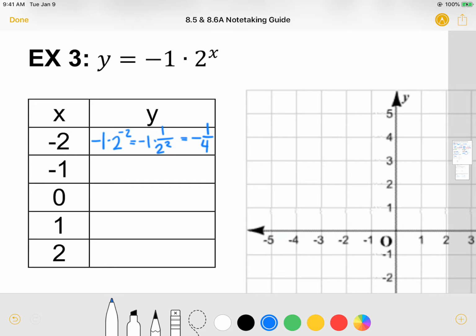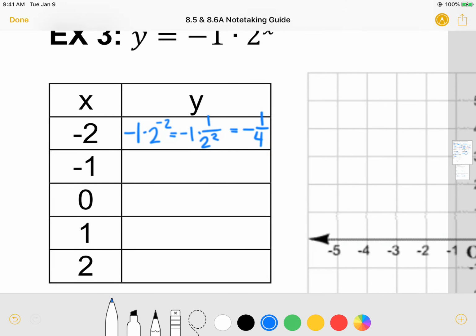Okay, let's plug in -1. So we get -1 times 2 to the -1. So that's going to be -1 times 1 over 2 to the first power, which is 1/2. So -1 times 1/2 is -1/2. Okay?